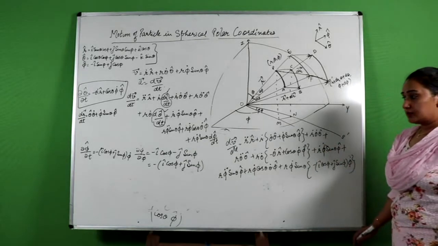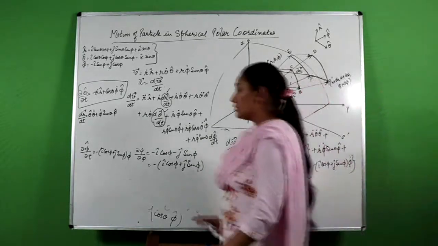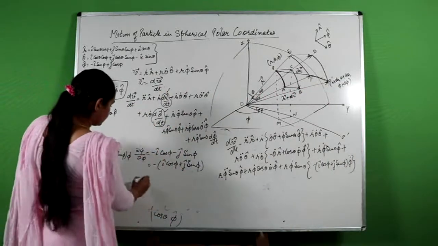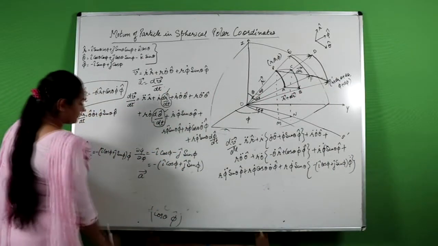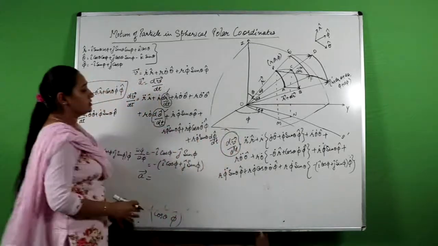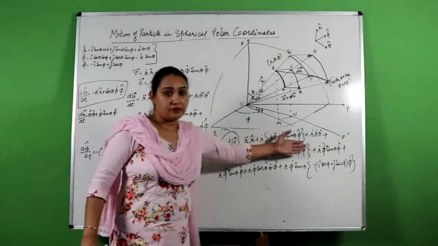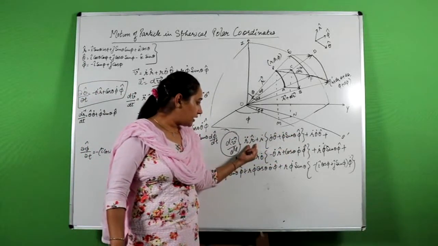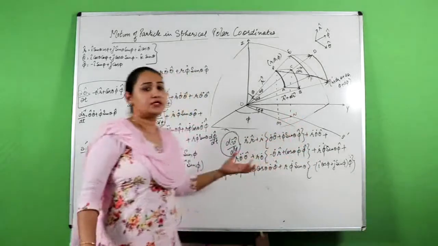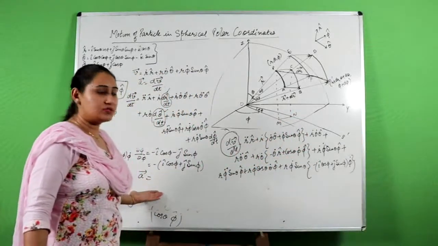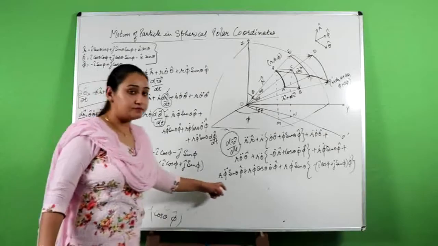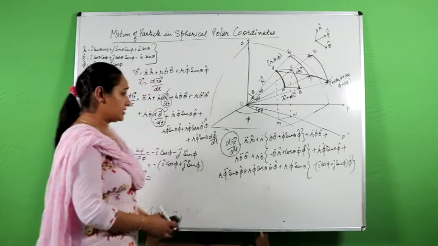Now what we need to do is, we just need to separate the components. This is my acceleration. So acceleration has a number of terms, r cap, phi cap, theta cap. What we need to do is collect the terms in brackets and we will get the total value of acceleration.